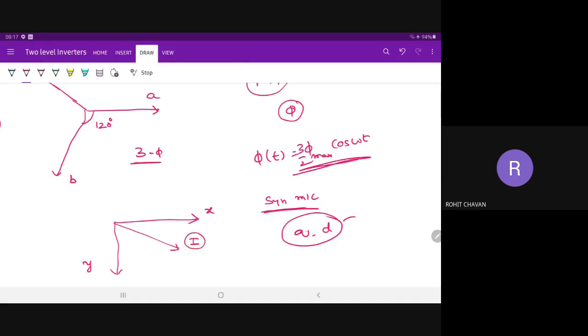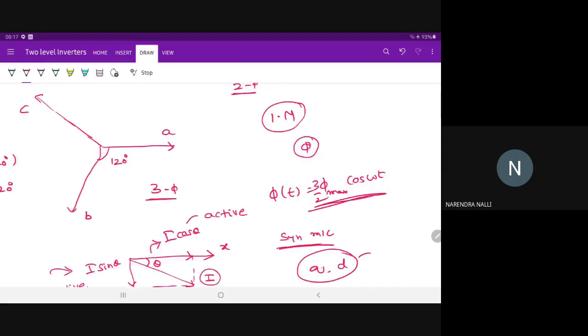If this angle is theta, one component is I cos theta and the other is I sin theta. Generally, I cos theta is known as the active component of current, and I sin theta is the reactive component of current.